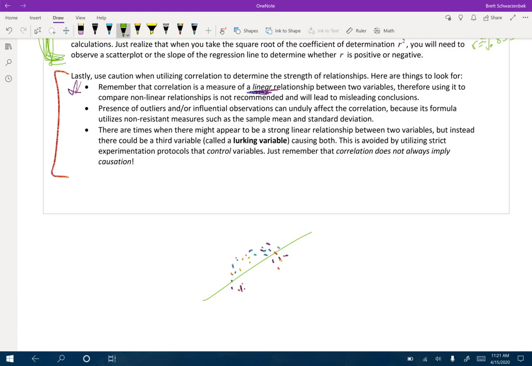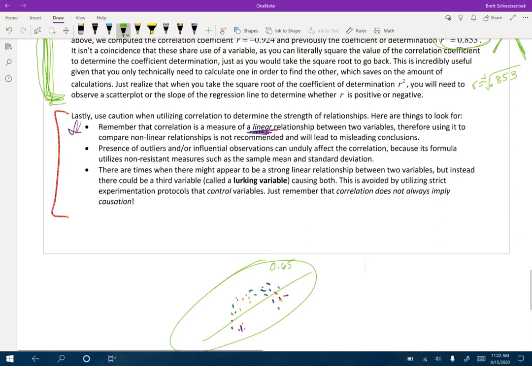So you actually might get a decent correlation, maybe like, let's just guess 0.65 from these calculations. But again, the calculations don't have eyes. They need human interaction to look at this and go, you should not be using correlation for this because correlation is meant for linear relationships.